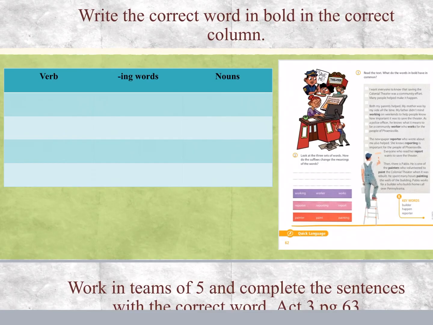Do you think worker is a verb or a noun? Well, if you say it is a noun, it's correct. It is a noun, and as you can see, it ends with er. So all the jobs, or basically the people who do the job, end with er, such as teacher, reporter, worker.